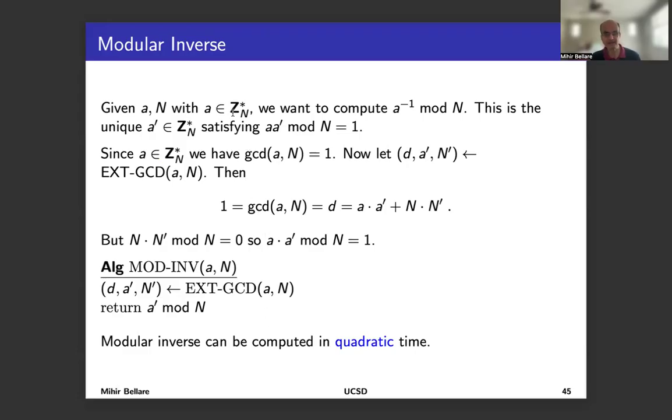So remember again that in the group Z_n star, the integers modulo n and relatively prime to n, where the operation is multiplication mod n, being a group, it satisfies the inverse property, which means that given any A in Z_n star, there's a unique thing called A inverse mod n. By definition, it's the unique number, again in the same set, such that when you multiply the two, you get back 1. And the multiplication is mod n.